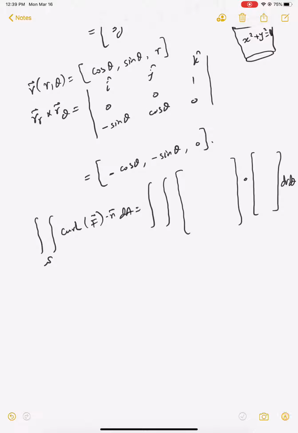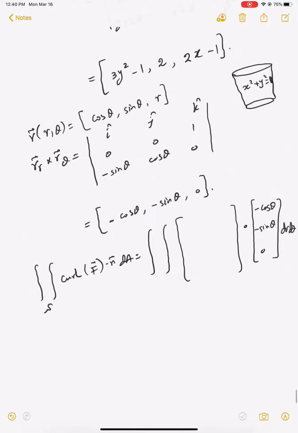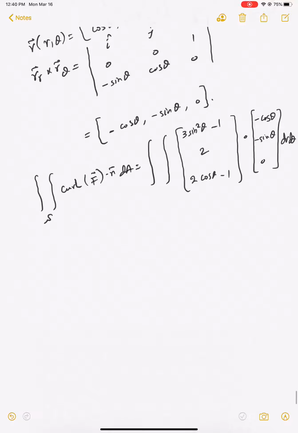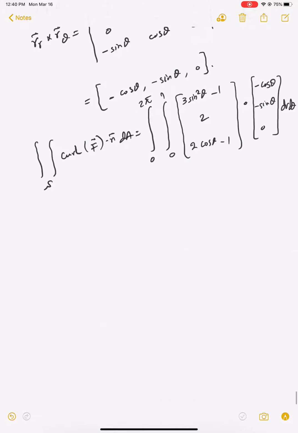Now the normal vector is minus cosine theta, minus sine theta, 0. And what is the curl? The curl is 3y squared, the y is sine, so 3 sine squared theta minus 1, 2, and 2x minus 1. Okay? The theta is from 0 to 2 pi, the r is from 0 to 1.